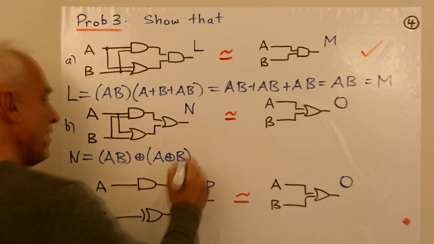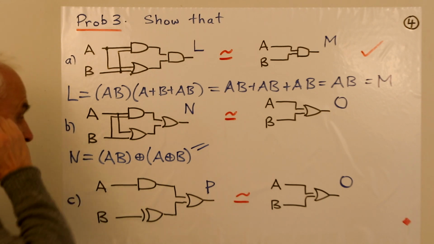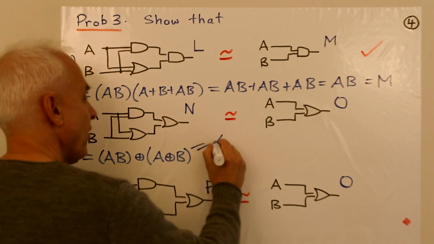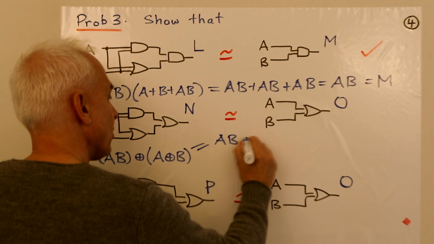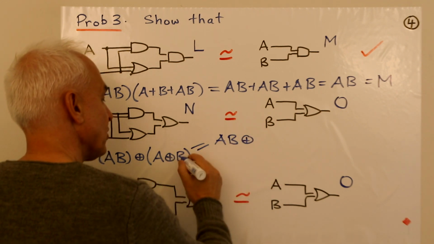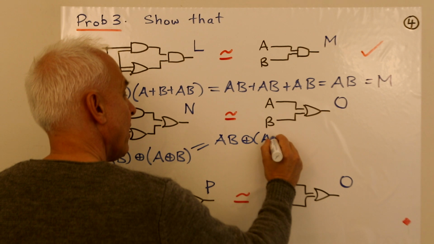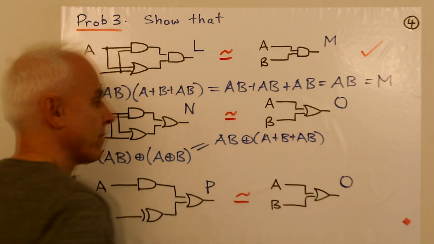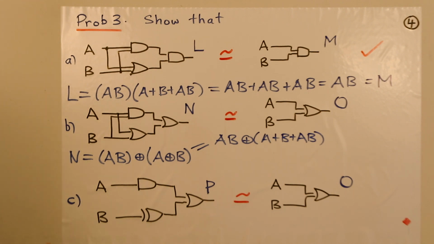Okay, so when we expand this, let's maybe go up here, give us some more space. Let's expand this one here first. So we have AB circle sum, and this A circle sum B is A plus B plus AB. Okay, now what do we have to do?